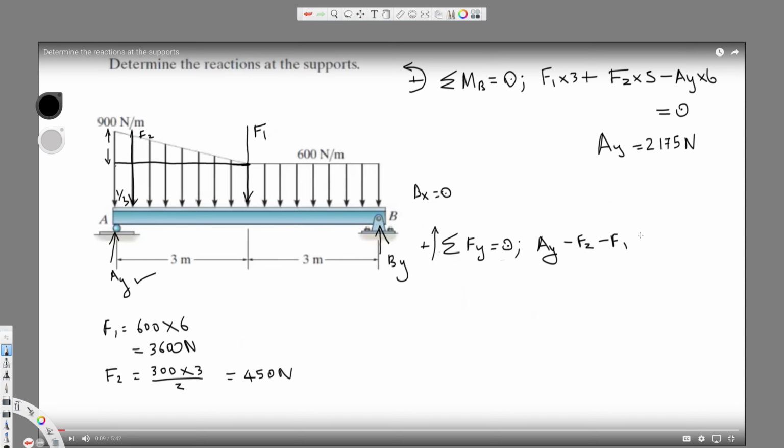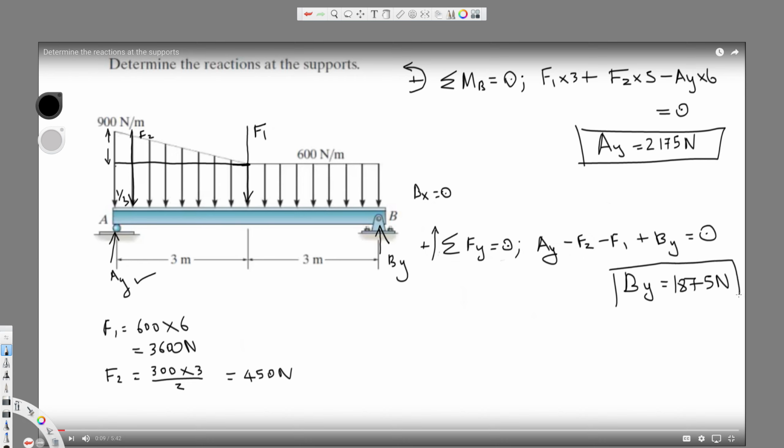Then By is going to be positive. So this is going to be equal to 0. Since we have Ay here, and F1, F2 we found out already, if you plug it in this equation and find By, it is going to be equal to 1875 Newton. So these are the two reactions.